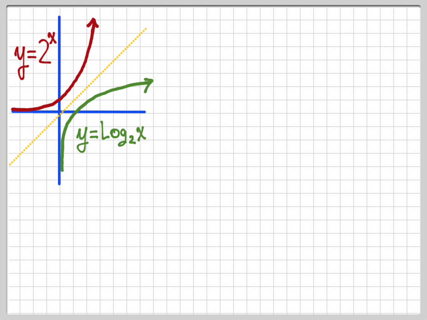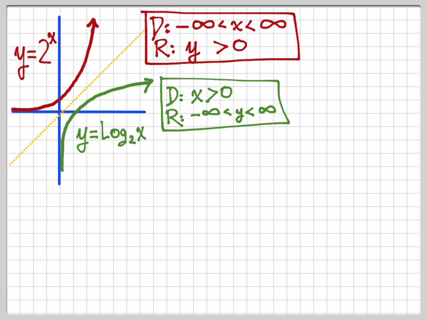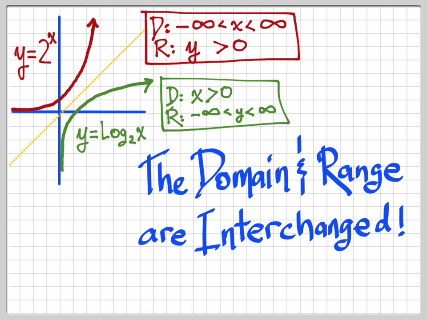But I wanted to illustrate this to show how the domain and the range are interchanged. So you can see that on the red function, the domain is all real numbers and the range is y greater than 0. Whereas if you interchange places with those two things, on the green function, it's the domain that's greater than 0 and it's the range that's all real numbers. Once again, the domain and range are interchanged.